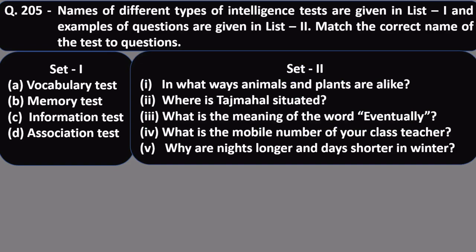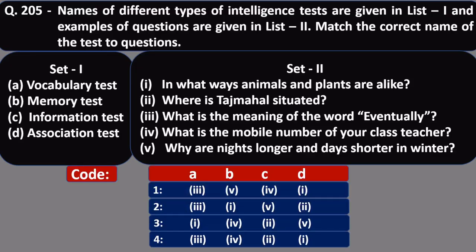Set 2, questions. 1, in what ways animals and plants are alike? Number 2, where is Taj Mahal situated? Number 3, what is the meaning of the word eventually? 4, what is the mobile number of your class teacher? 5, why are nights longer and days shorter in winter? The options are given in this way.